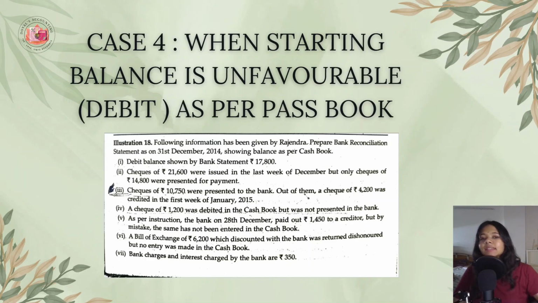Only in this case, instead of starting with the cash book balance, we are starting with the passbook balance. And instead of placing the balance in the plus column, since it's unfavorable, we'll be placing it in the minus column. So let's take a look as we solve this question.